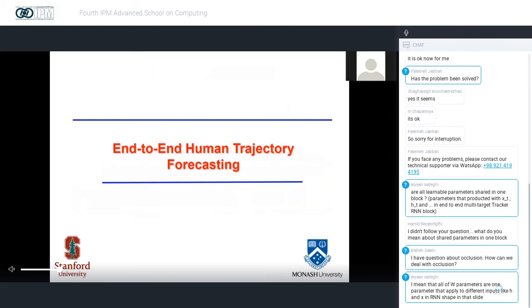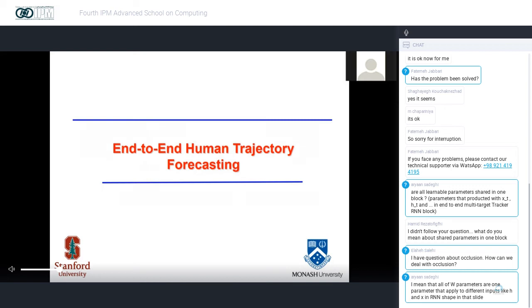One of the popular topics recently is how we can predict the future of moving agents, like cars or even specifically humans, given the past history of their tracks. It means how we can predict their future, and how we can train a model to do that.